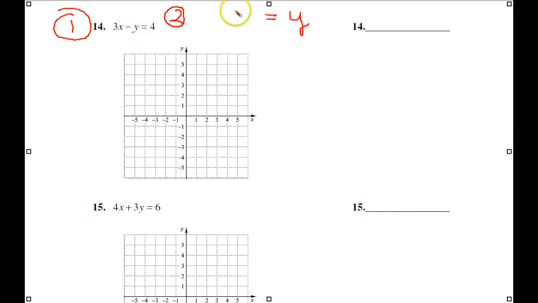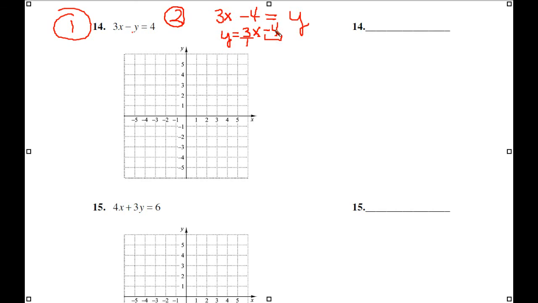Taking the y to this side, transpose the 4 to this side, it becomes a negative 4. And I have then the 3x stays there. So I'm just taking the y term, transposing it to this side, it becomes positive. Now, if you want to write it the other way, y equals 3x minus 4. That's perfectly legal. Now remember, your slope is 3 over 1, and your y-intercept is a negative 4.